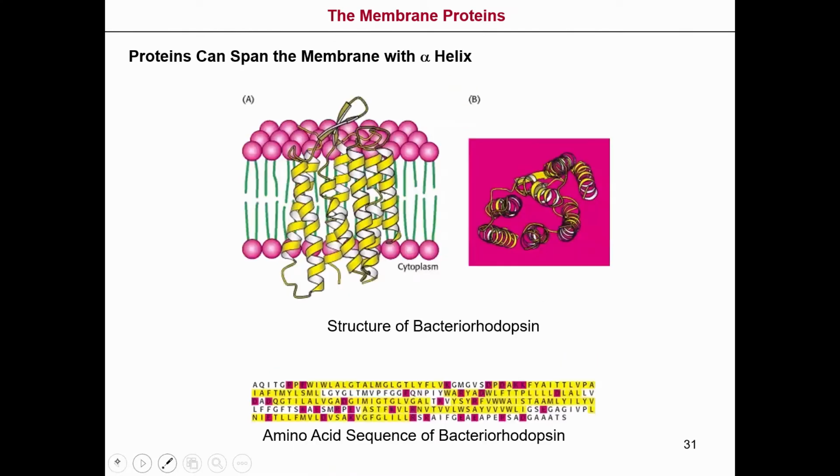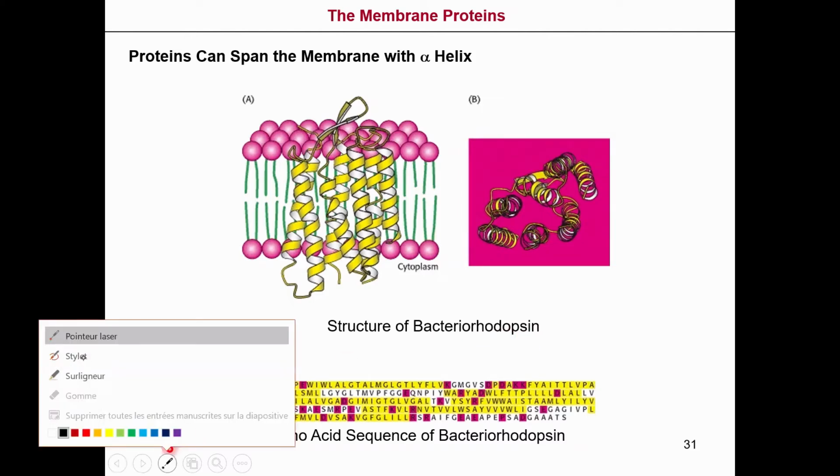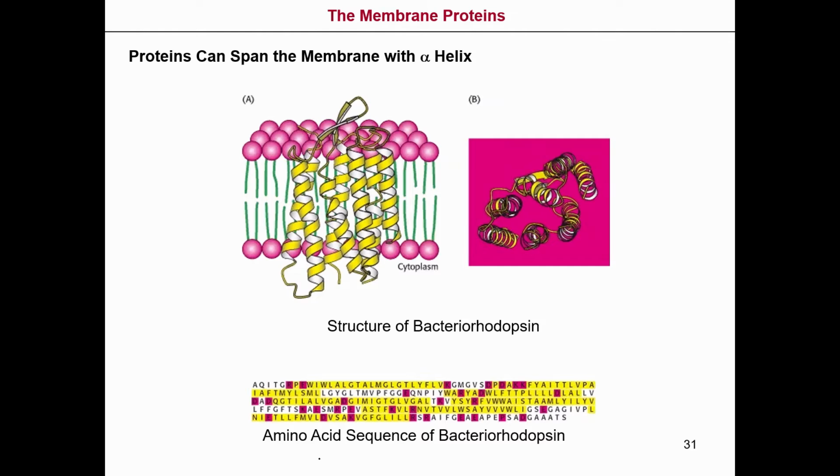Proteins can span the membrane with alpha helices. So you can have integral membrane proteins with several alpha helices. This is the structure of bacteriorhodopsin. And what is the role of these proteins? We will see.